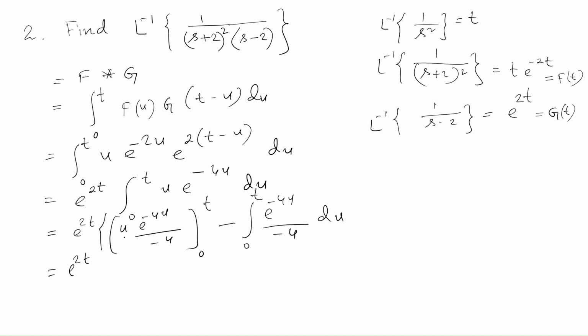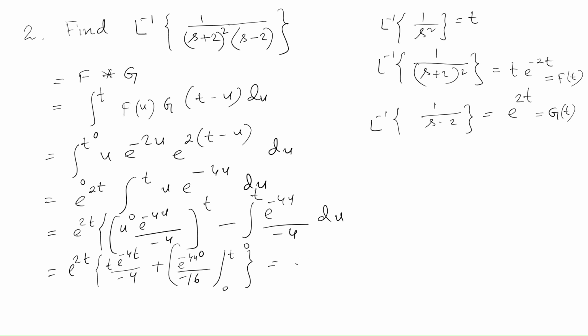e power twice t, putting the values of u as t, so we'll have t e power minus 4t by minus 4, and while putting u equals 0 we are getting the term as 0, then minus and this minus becomes plus, and e power minus 4u by 16 from 0 to t.